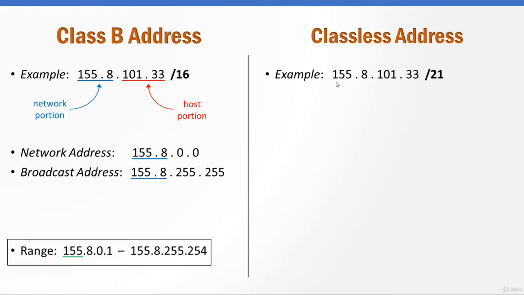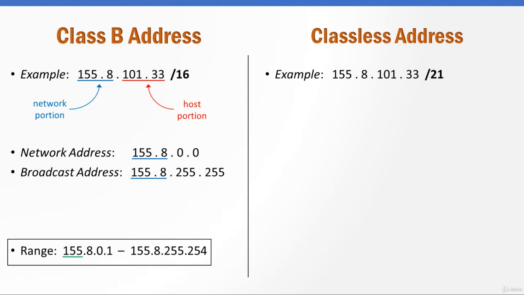These 2 octets are going to be the network portion, but then we're going to have some bits in the 3rd octet that are also going to represent the network portion. And the other 11 bits are going to be the host portion.